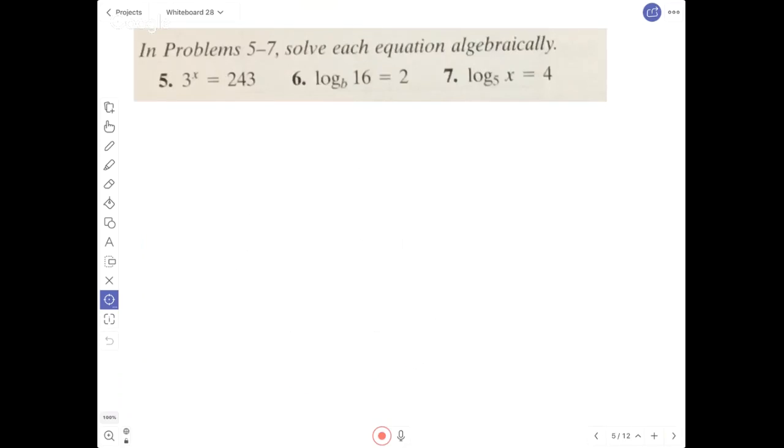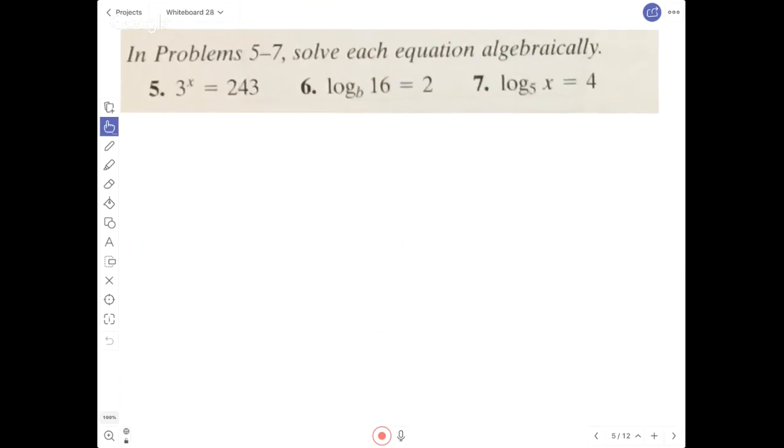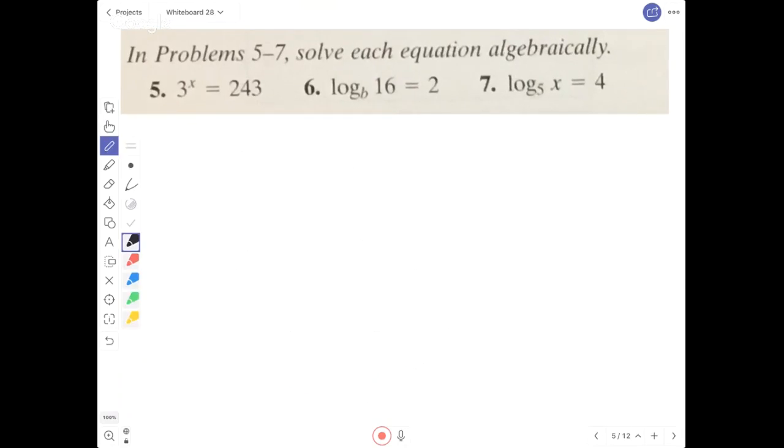Solve each equation algebraically on 5 through 7. Here we go. Number 5. 3 to the x equals 243. So I know that 243 is the same as 3 times 3 is 9, times 3 is 27, times 3 is 81, times 3 is 243.